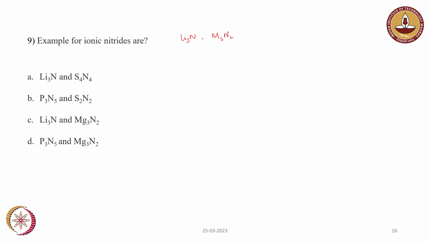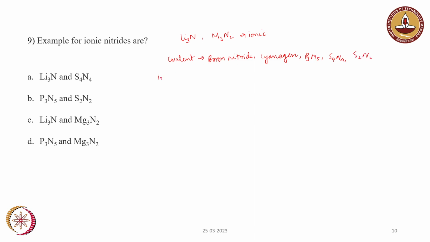And there are covalent and interstitial nitrides. Examples for covalent are boron nitride, cyanogen, P3N5, S4N4, and S2N2.